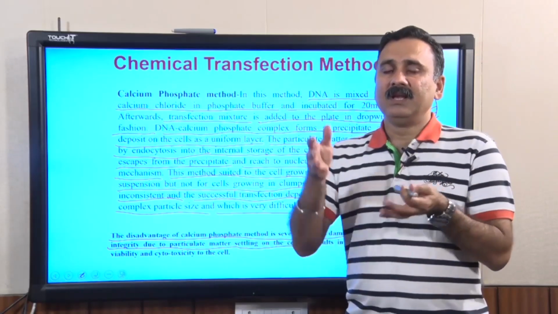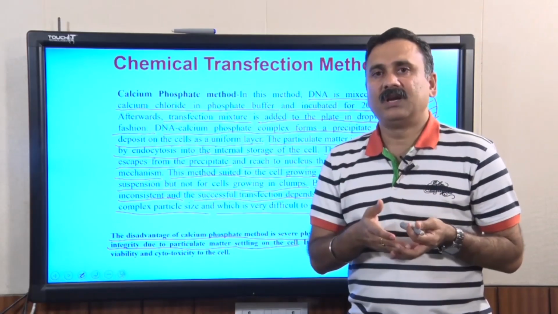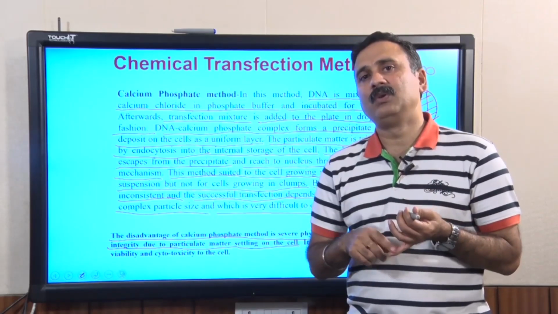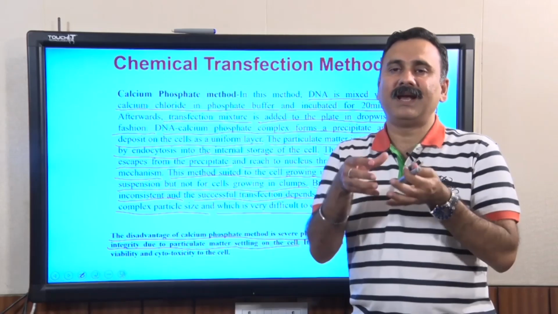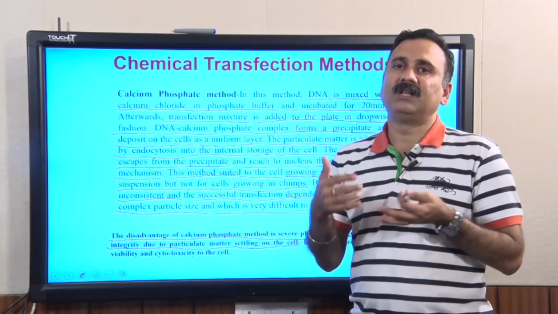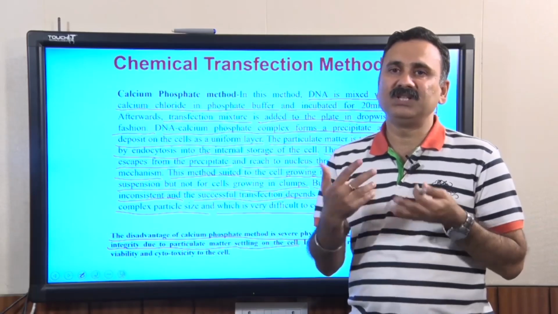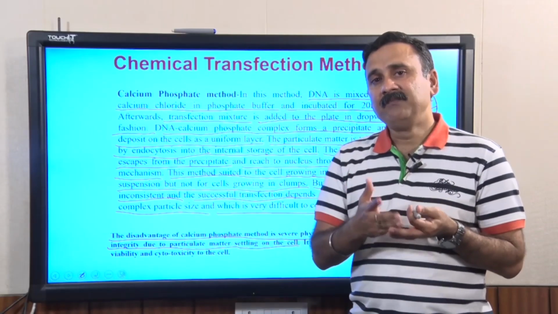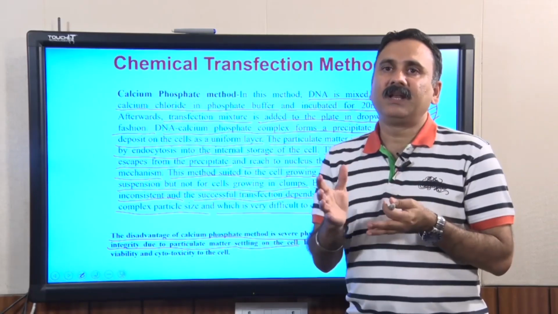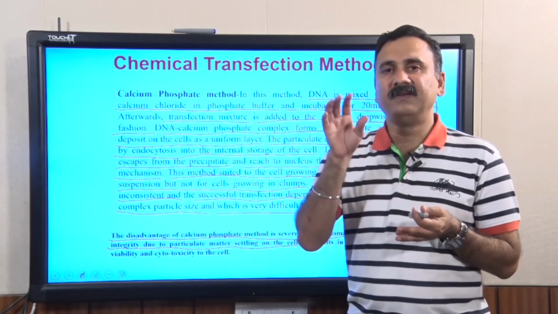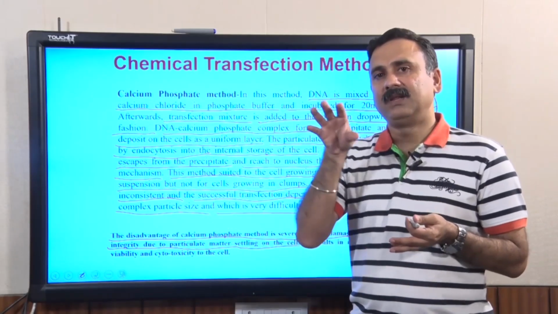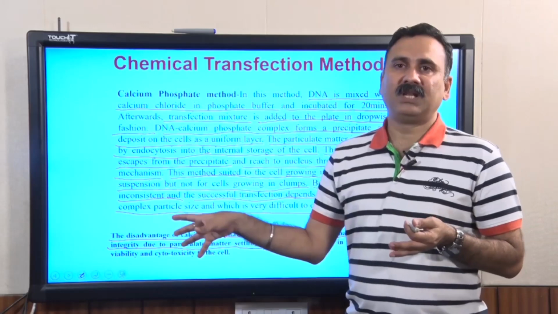which means the calcium phosphate method has two disadvantages. One, it is inconsistent because you cannot control the aggregation of those particles and the size of those aggregates, because the size itself decides what transfection efficiency you are going to achieve at the end. The second, since you are working with aggregates, these aggregates are also going to cause physical damage to the cell, and that may compromise the survival of these cells post transfection.